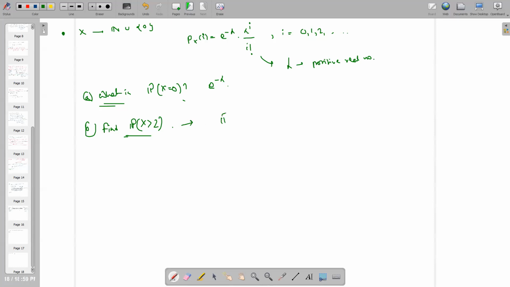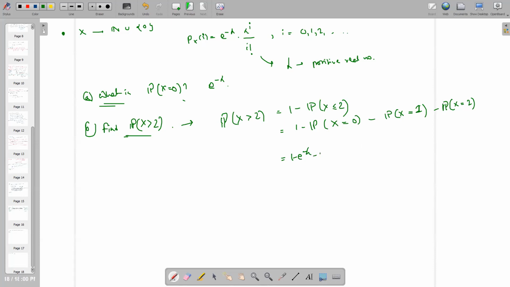So this is what you should do: 1 minus e to the power minus lambda, minus lambda e to the power minus lambda, minus lambda squared by 2 times e to the power minus lambda.